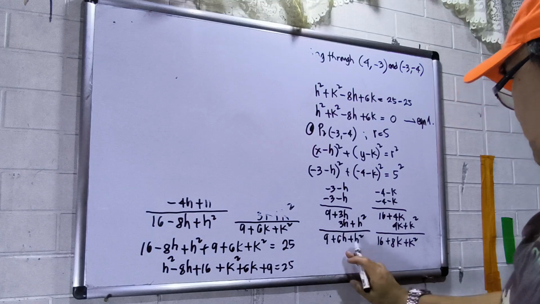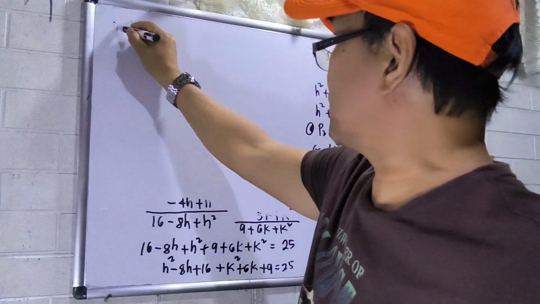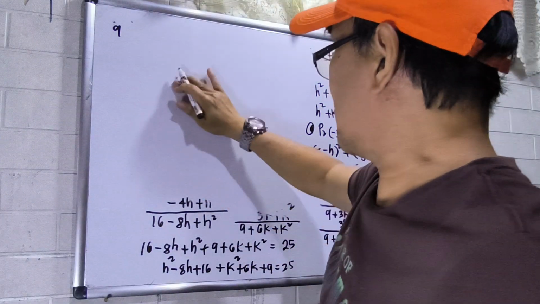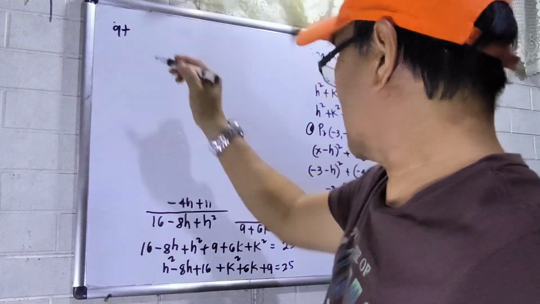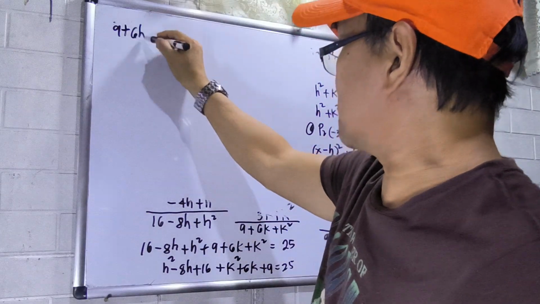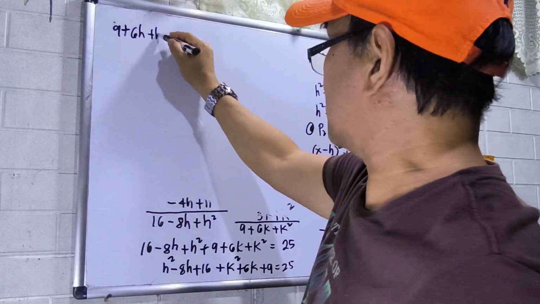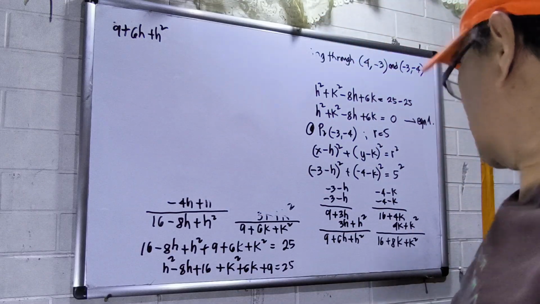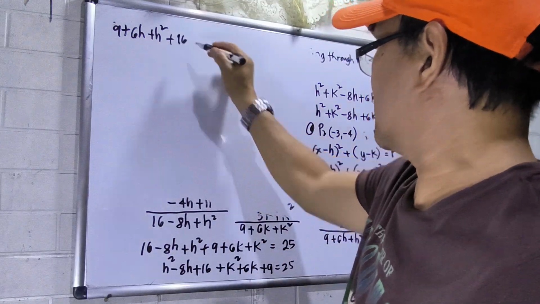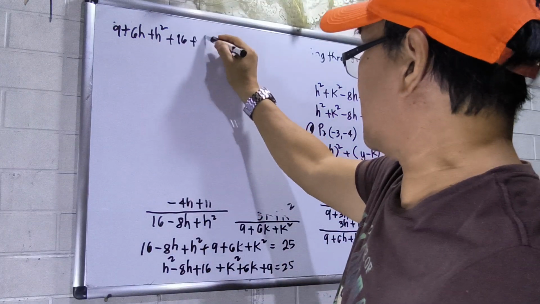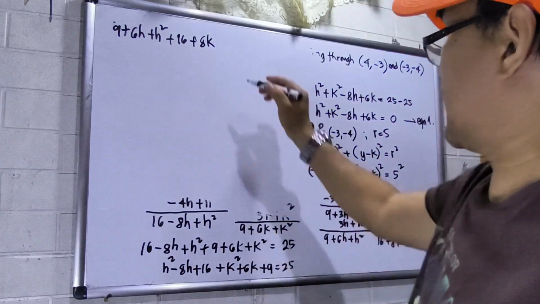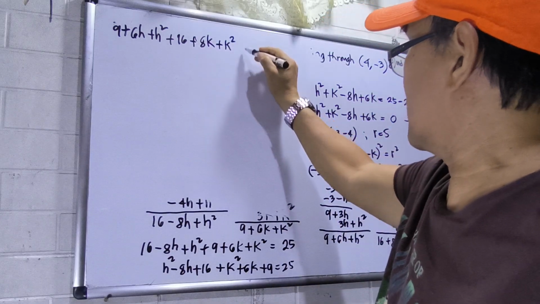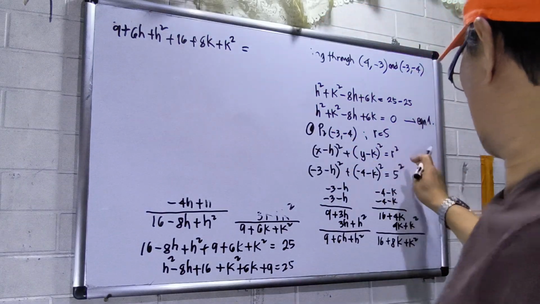Okay, so this will be 9 plus 6h plus h squared, then plus 16 plus 8k, then plus k squared is equal to 25.